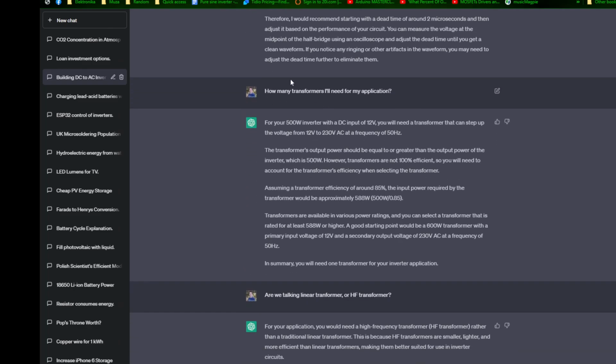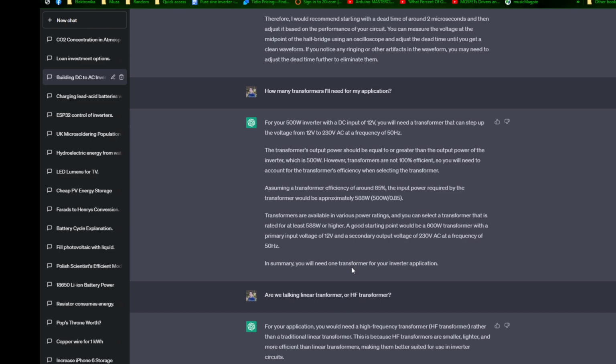How many transformers? You see, again, I'm pretending I don't know. Of course, 10 transformers I need, yes. For your farm, 500 watts, blah blah blah, 50, and so on. "In summary, you will need one transformer," of course, blah blah. But there are inverters which I'm opening, and there is more than one transformer. I don't know why they've made it with their topology and their stuff, so maybe they said it's good to have a 500 watt inverter and have 2 or 3 of those.